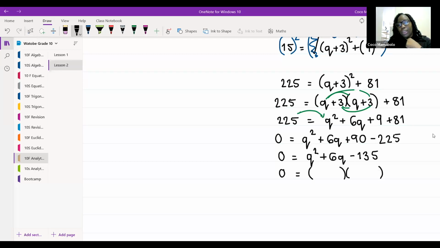Yes, ma'am. Okay, and I would put a plus and a plus. And what goes in the front over here? The q's. Q and q, excellent. Now we have to do what we always do. Find me the factors of 135 that are going to give me positive 6 when subtracted.